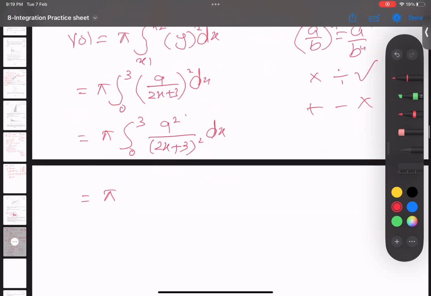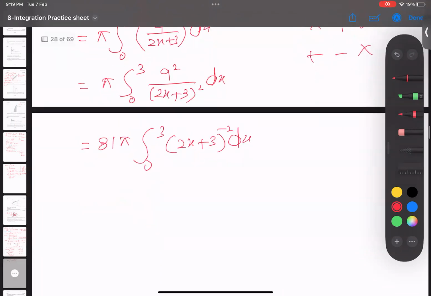Now 9 to the power 2 is 81. You can keep it inside or bring it outside. Bringing it outside is the better approach. Can I integrate the lower function? No, I am bound to bring it up. So bring it up, and the power sign will change. We have to concentrate on algebra. Smooth is going on: increase the power by 1.